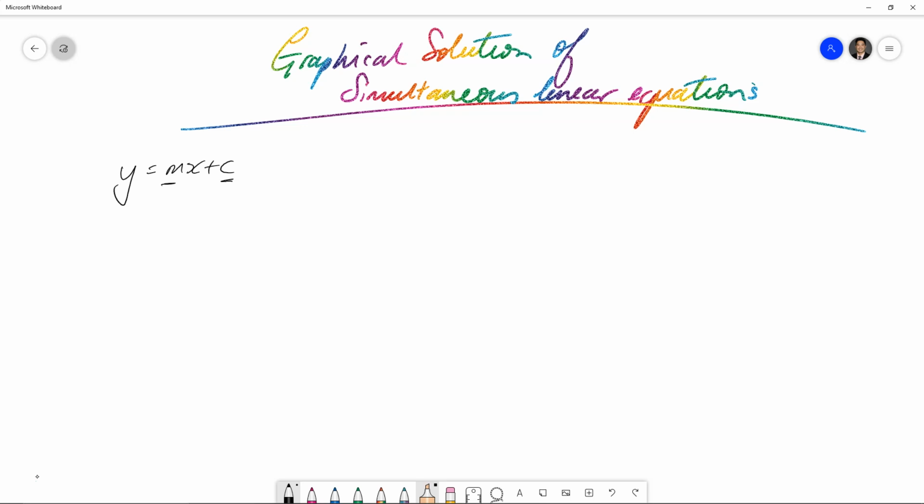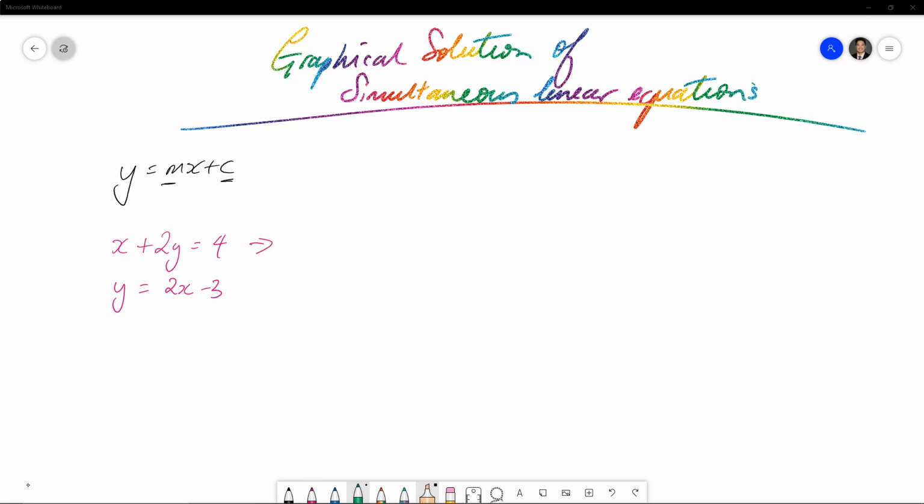Now, if we had as two examples, x plus 2y is equal to 4, and y is equal to 2x minus 3. If you were to graph that, we could always rephrase the first one.